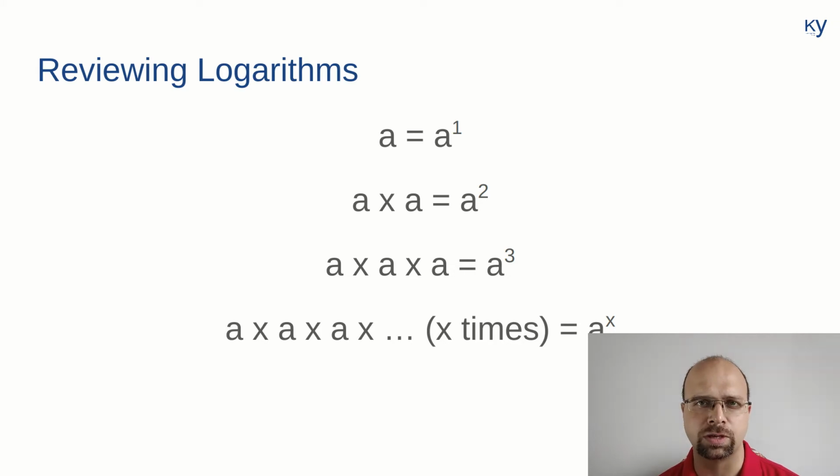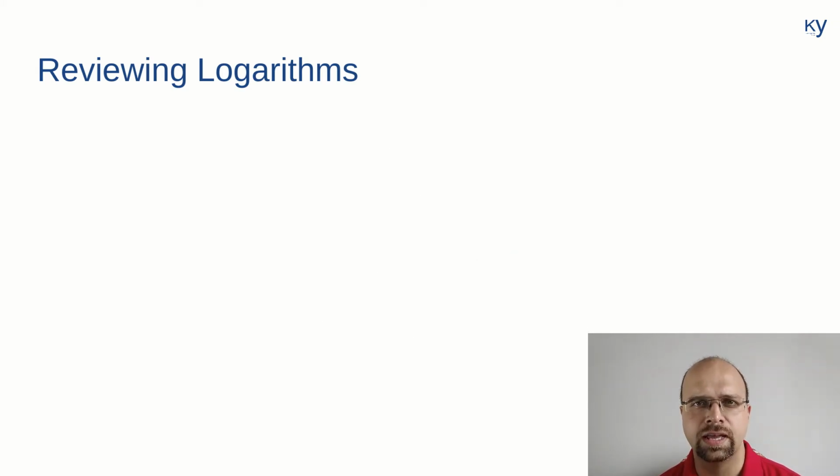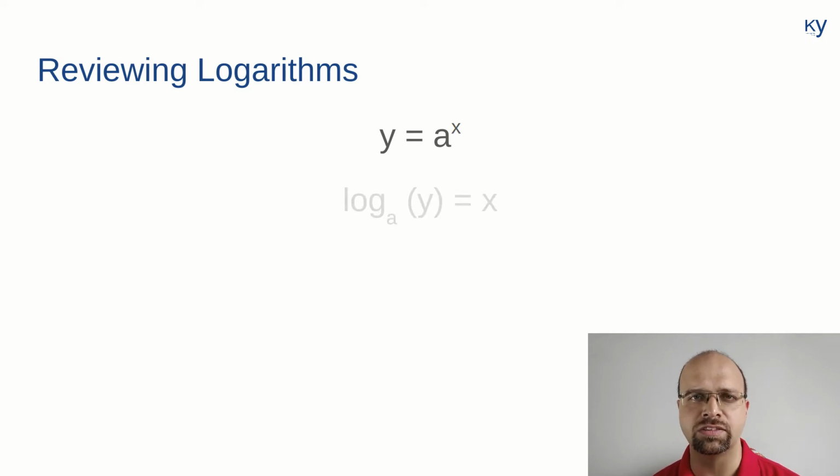Now suppose I define the quantity y as A raised to the power of x, then logarithm is defined as follows. Logarithm is an operation which uses what is called a base. In this case, the base will be A, and it will accept y as an input and give us x as the output.